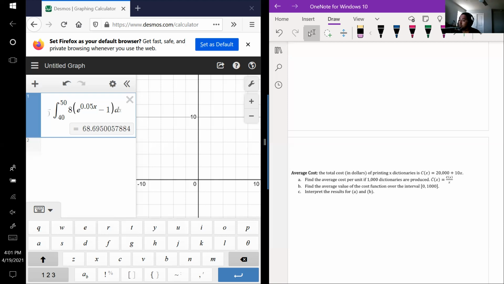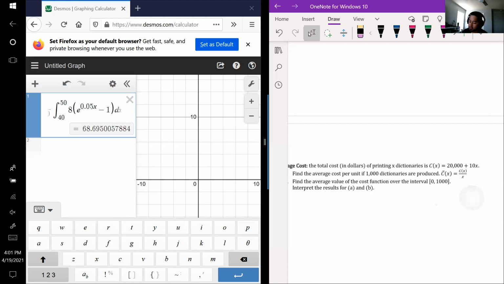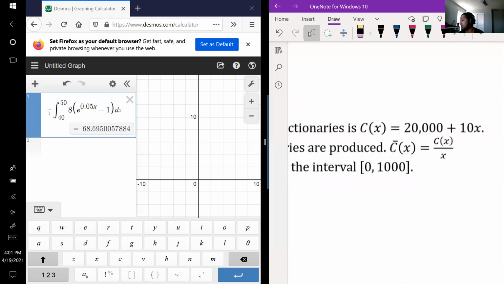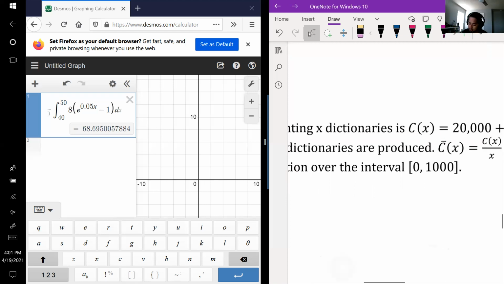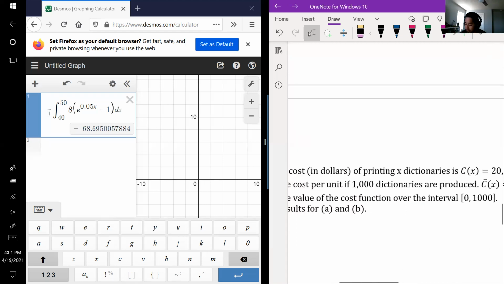Okay, so first thing we're going to do is find the average cost, which is something we learned in 1324. Remember, the average cost formula is C bar of x equals C of x over x. So all we have to do here is find the cost function and put it all over x. And then I think it wants us to plug in 1,000.